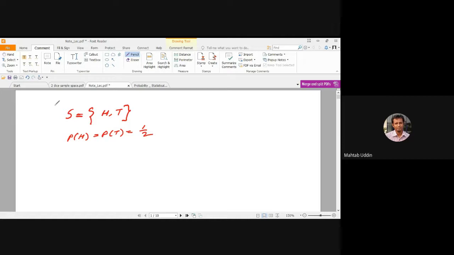So this is the sample space, and this is the probability of those outcomes. Now, say you are the captain of a team, and your opponent has already called head. What is your requirement?